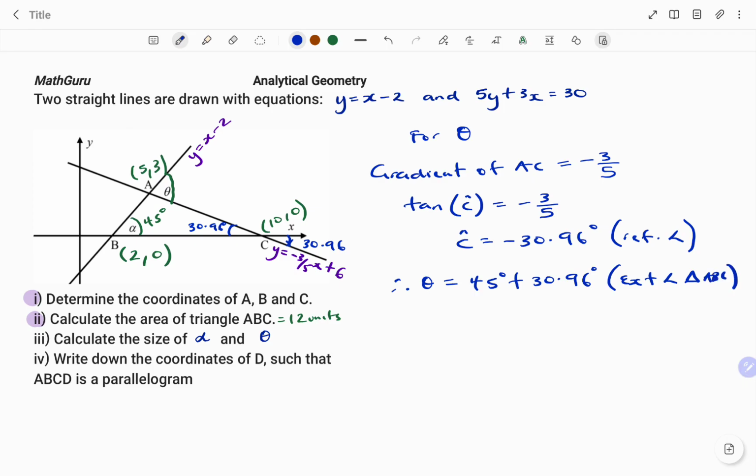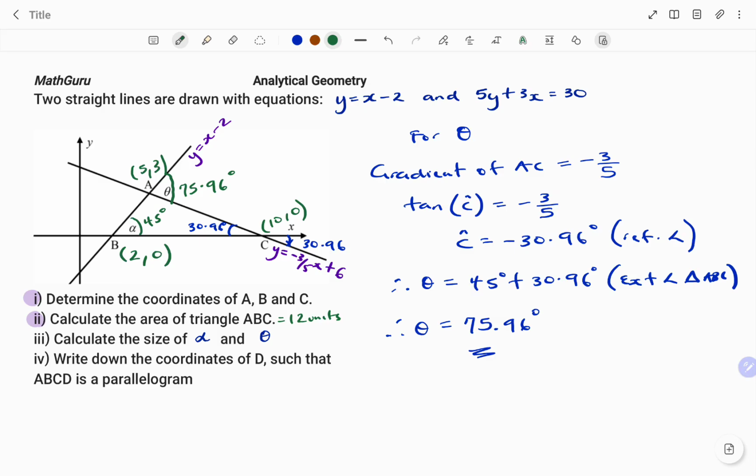Therefore, the value of theta equals 75.96 degrees. So the angle theta equals 75.96 degrees.